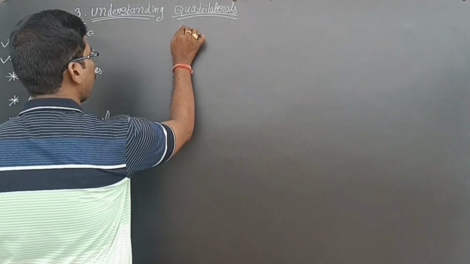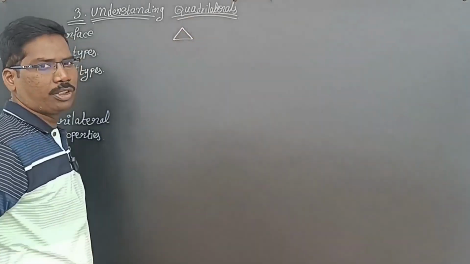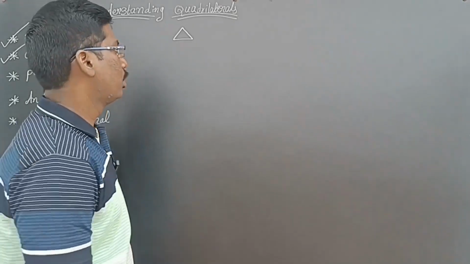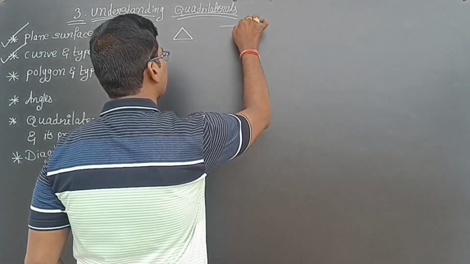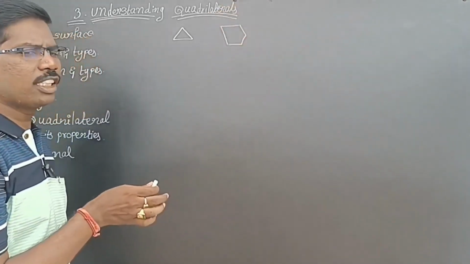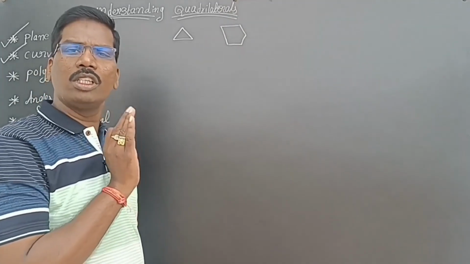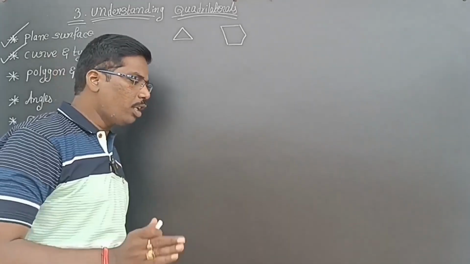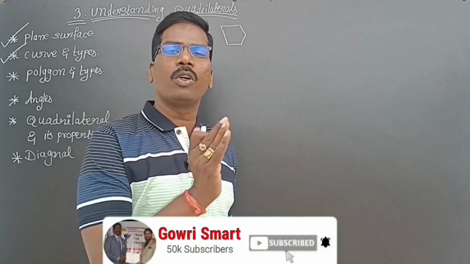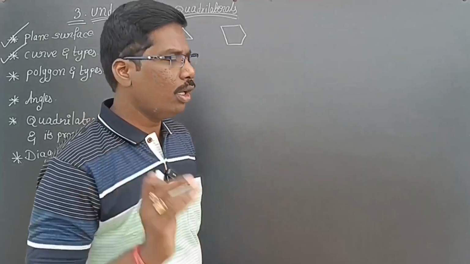For example, see, this is a closed curve which has only line segments, so it is called a polygon. Now I am drawing line segments, a simple closed curve with only line segments. So a polygon is nothing but a simple closed figure with sides.